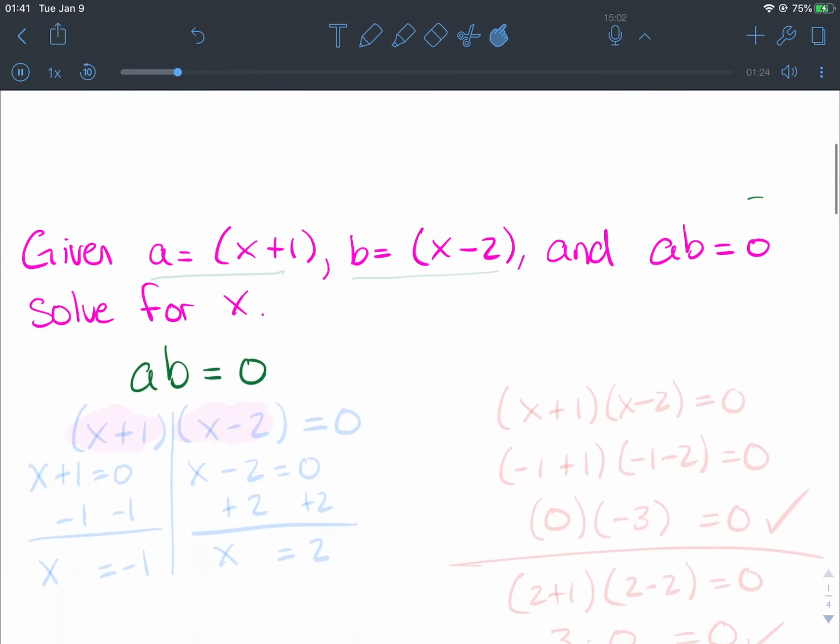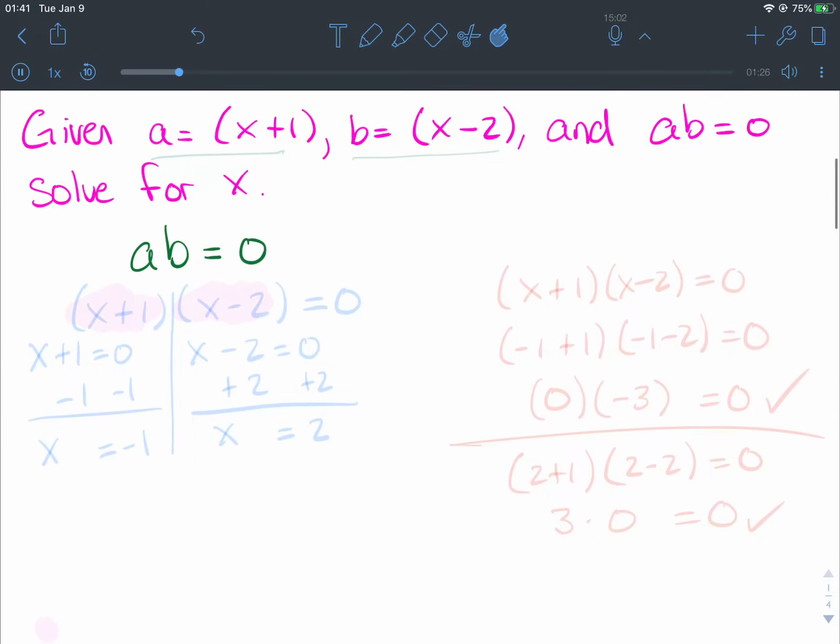Let's assume a is equal to x plus 1 and b is equal to x minus 2. What we want to do is substitute those in for both a and b. So instead of writing a, I'm going to write x plus 1. And instead of b, we're going to substitute x minus 2.